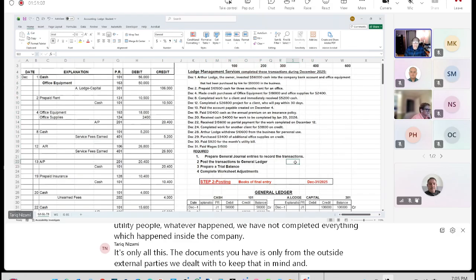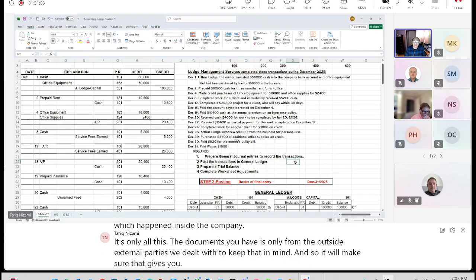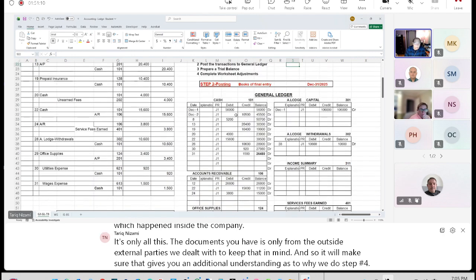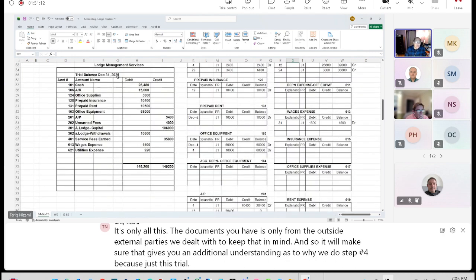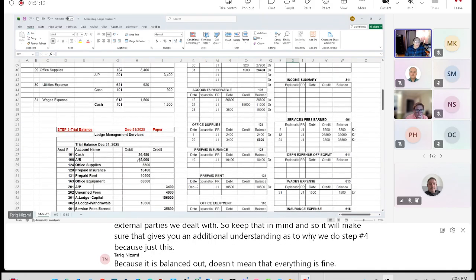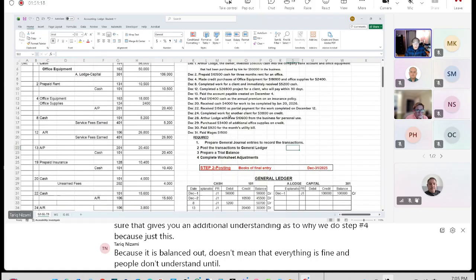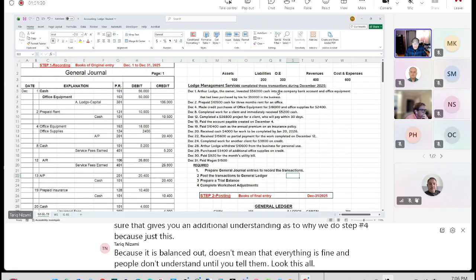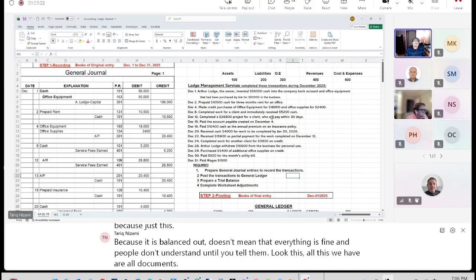And so that gives you an additional understanding as to why we do step number 4, because just this trial balance, because it is balanced out, doesn't mean that everything is fine. People don't understand until you tell them, look, all this we have are documents for transactions with external publics.